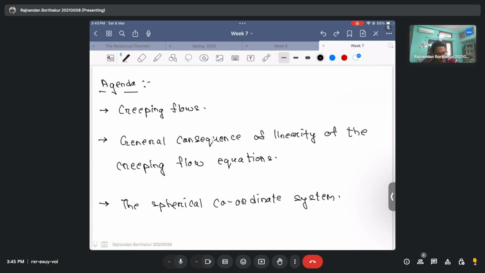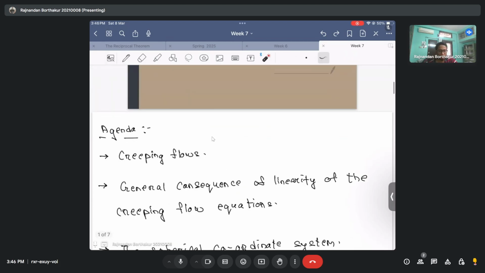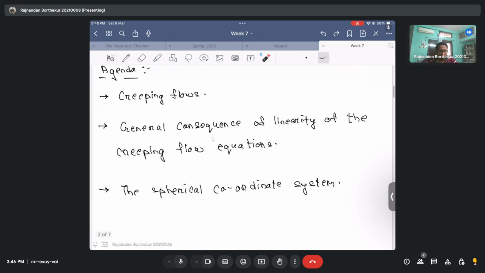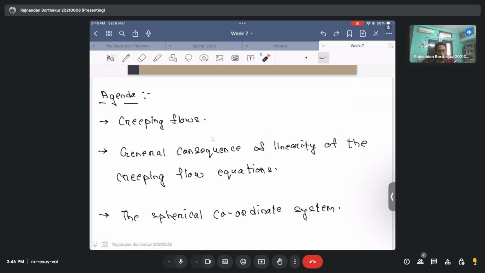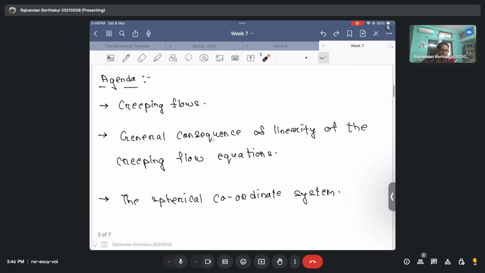But now what we will do is start off by seeing a different type of flows, which we call creeping flows, as you can see from my screen. We will try to understand what creeping flows are. Maybe in the week's tutorial you have solved one of the most elementary problems on creeping flows, where you calculate something known as the Stokes drag.